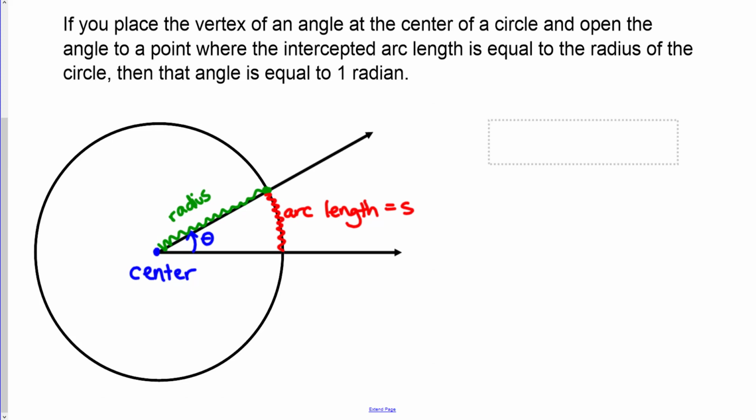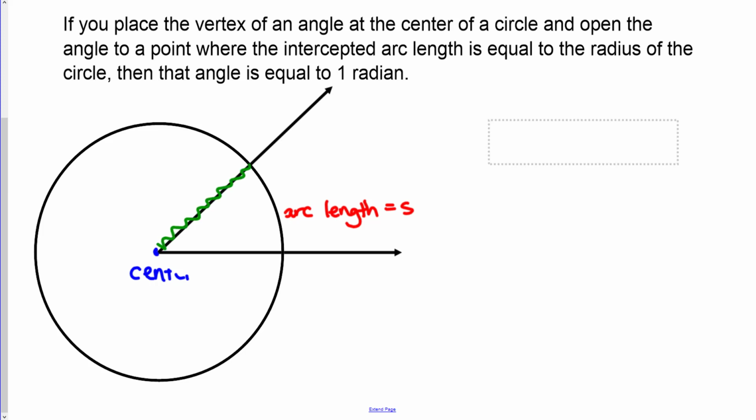So for instance, if I were to take this line and rotate it a little bit further, let me readjust my diagram here. This length here in green is my radius. Of course, this is still my angle measure theta, but my arc length is now a little bit larger. In fact, it's not quite the length of the radius, but it's pretty close.